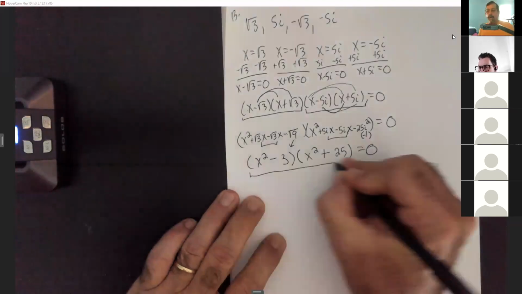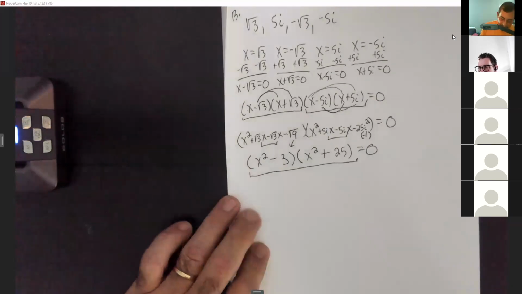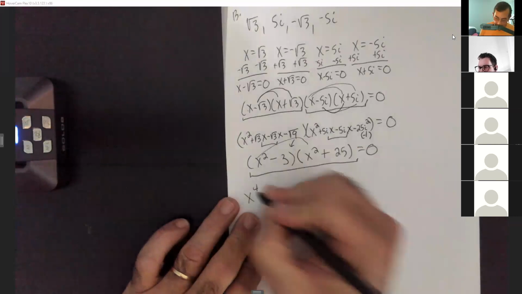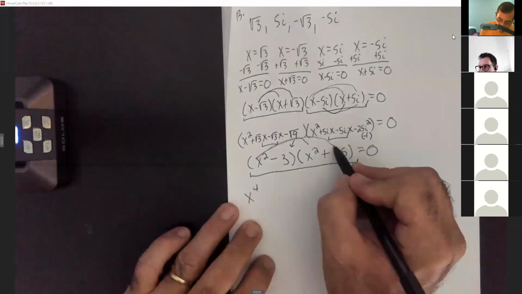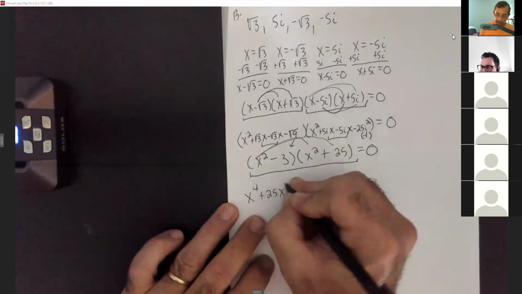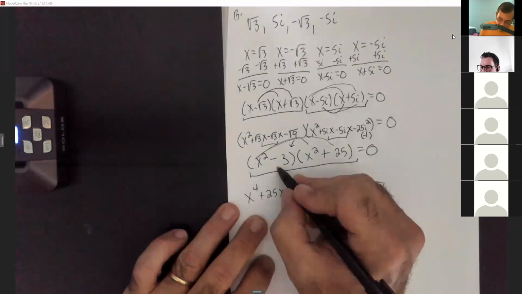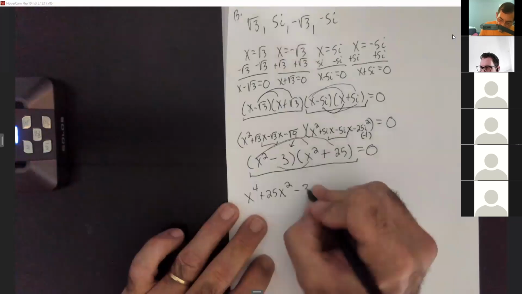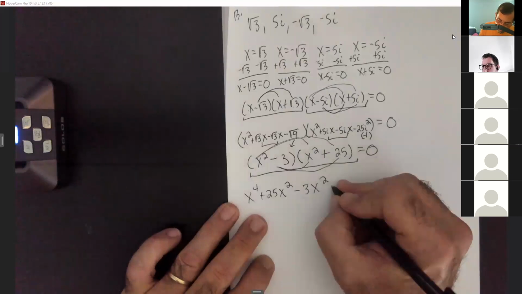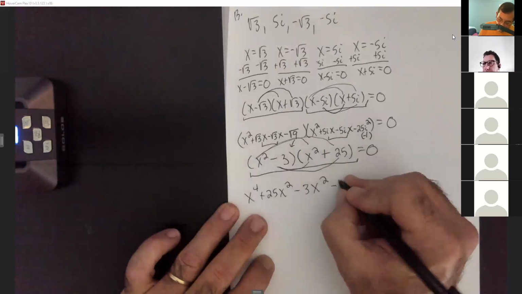All right, now FOIL that and we will be done. So x squared times x squared is x to the 4th. x squared times 25 is a 25x squared. Negative 3 times x squared is a negative 3x squared. And then negative 3 times 25 is negative 75.